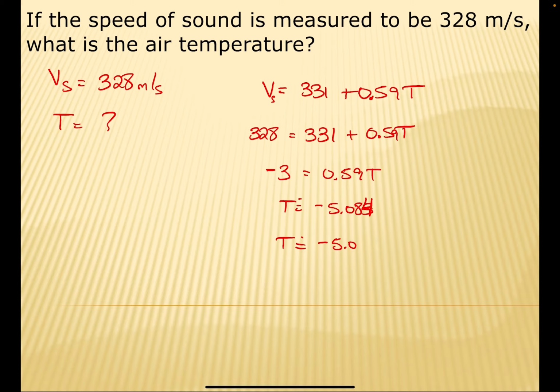So 5.08 degrees Celsius, but negative. So the equation works whether we're talking about positive temperatures or negative temperatures. This thing here is below 0 on whatever day this is.